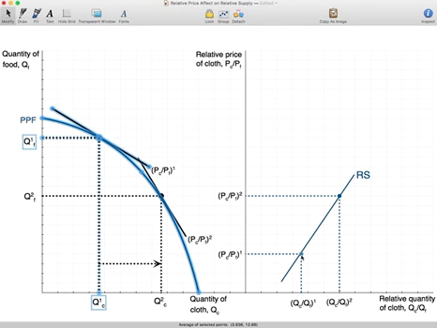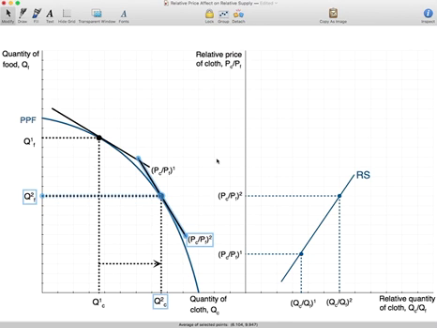We increased the price of cloth and kept the price of food constant, which caused that price line, which I referenced previously, to become steeper. So this line is steeper relative to this line because the price of cloth has increased. We moved that so it was just tangent to our pre-existing PPF, and that gave us new production levels of food and cloth.